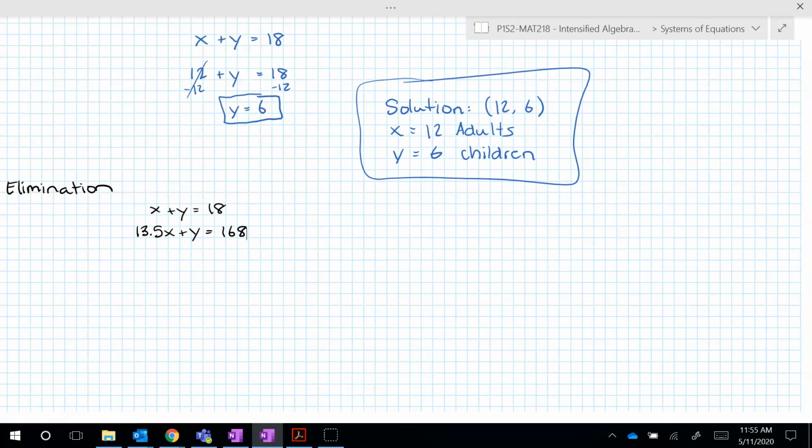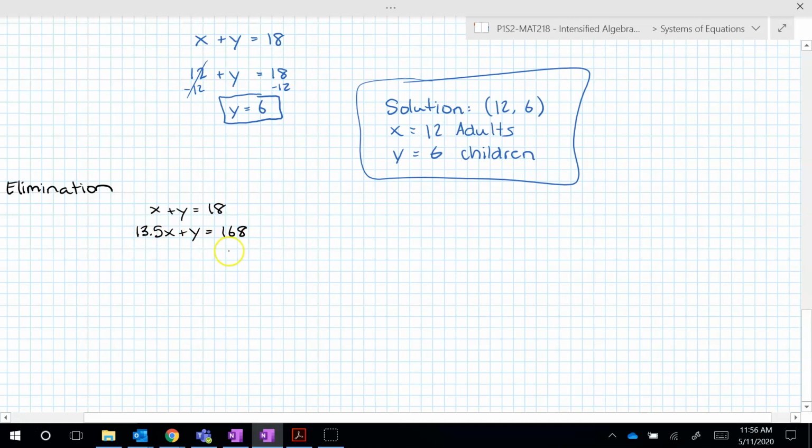So one thing I can do, whenever I have any equation, let's look at the second one here, is I know that I can subtract anything I want to, or add anything I want to, or multiply it. I can basically do any mathematical operation to this thing as long as I do it to both sides. I could double the left side, double the right side, it would stay equal. I could add 15 to the left side and add 15 to the right side. That equation would stay equal.